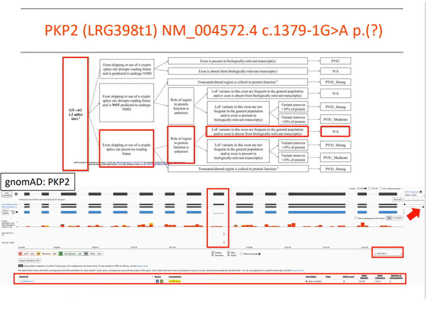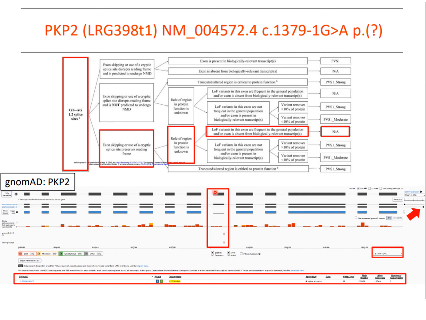The second question is: is the role of the region functionally known or unknown? I don't know about the role of the region here, but I can show you if you locate the gene in the gnomAD browser. Here you can see the gene is in reverse. Here's the arrow. This is the last exon, this is the first exon, and we have 1, 2, 3, 4, 5.